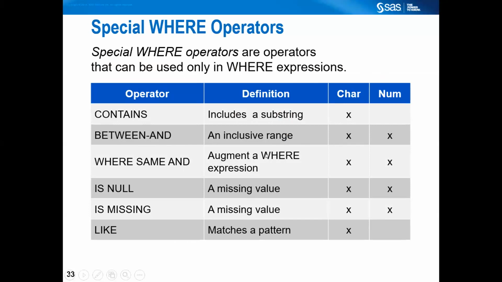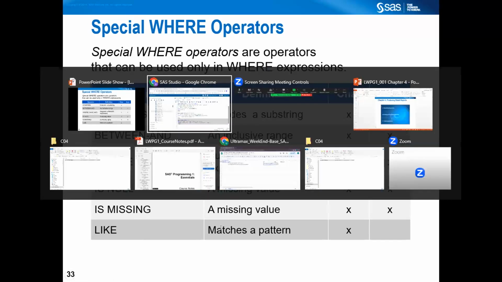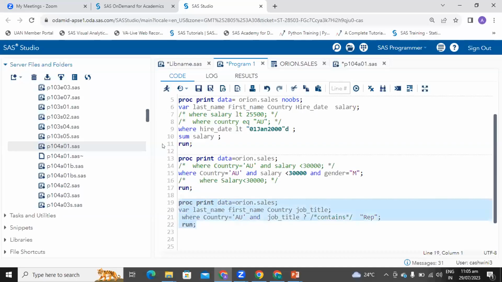I'll explain it in an upcoming topic. IS NULL means that instead of selecting a missing value by using blank in quotes for character, you can directly use the keyword IS MISSING or IS NULL, both of them, and a LIKE operator. I'll be showing you LIKE and WHERE SAME AND. But before moving into it, practice or just try out with this. Go ahead.